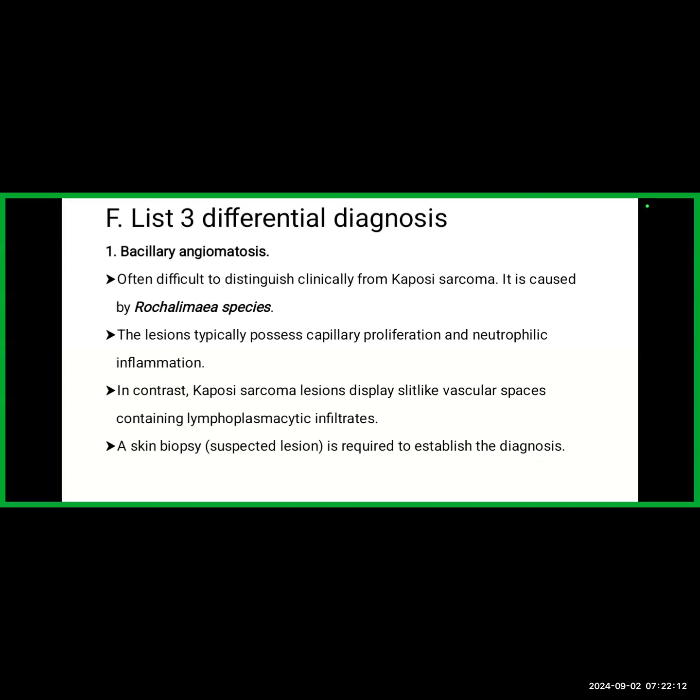So by the time you see capillary proliferation and neutrophilic inflammation, you begin to think of bacillary angiomatosis. By the time you see lymphoplasmacytic infiltrate and slit-like vascular spaces, then you begin to think of Kaposi sarcoma. Thank you so much.